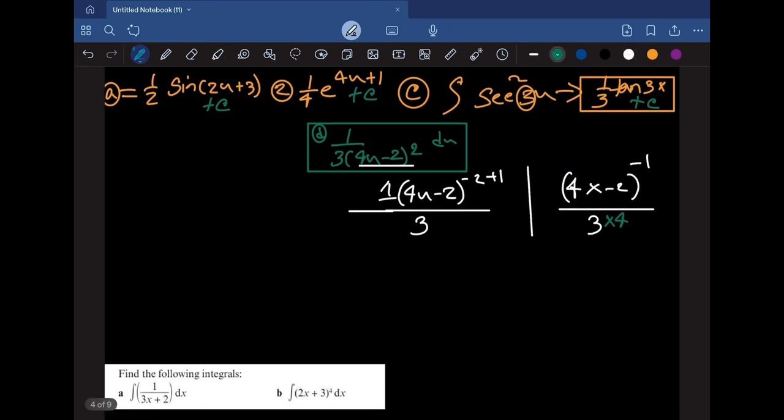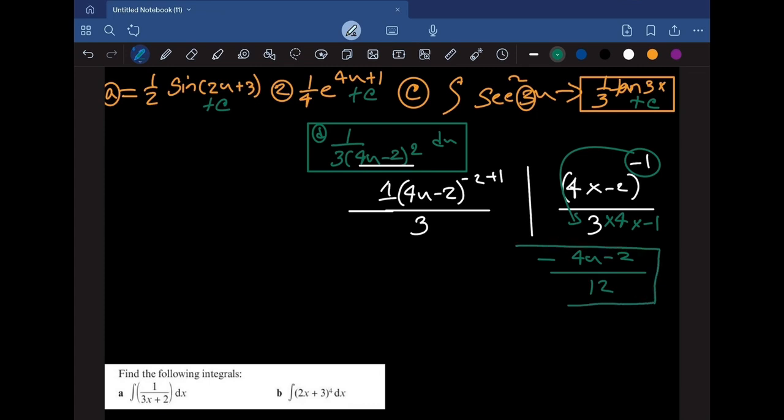So now the equation will look like minus (4x minus 2). Actually we also have to divide it by this minus 1, so divided by minus 1 as well. So overall it will become minus (4x minus 2) divided by 12, right? It will look like this.